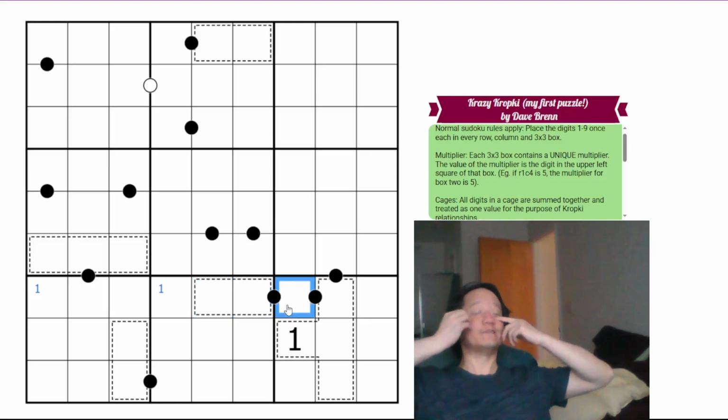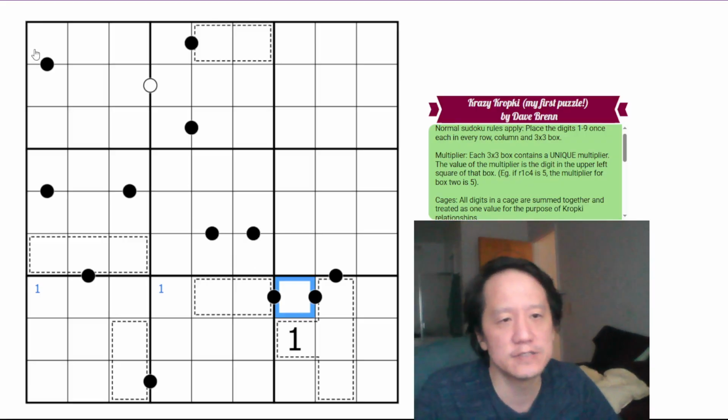Where could 9s be? 9s can be in 9s and 8s.